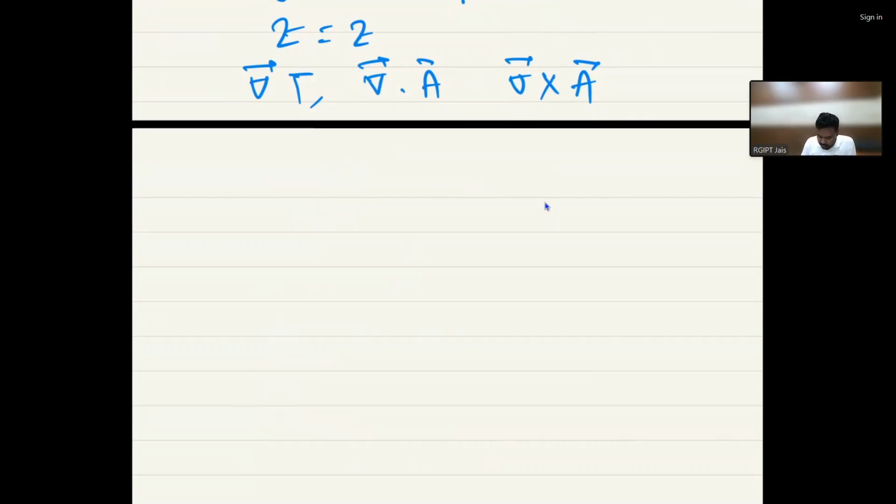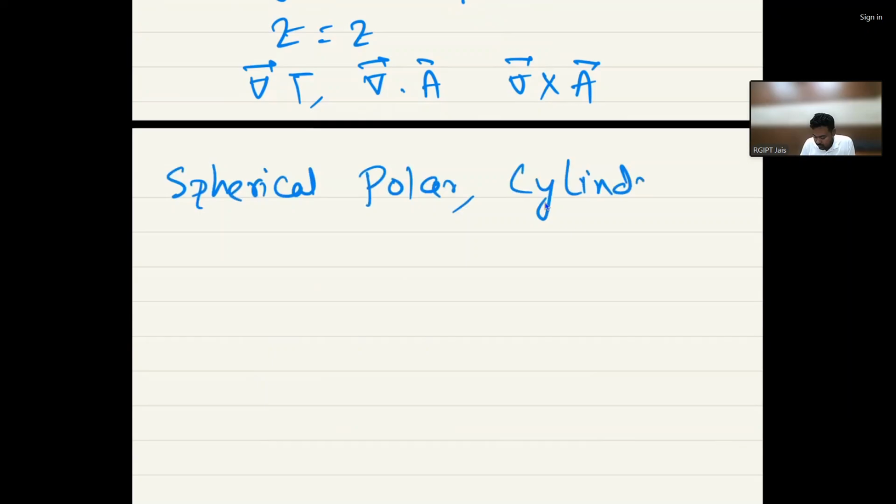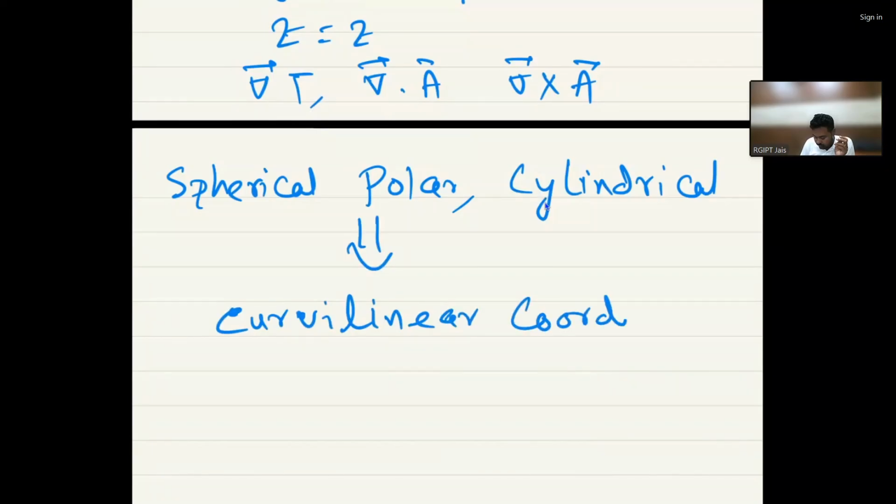But in the spherical polar or in the cylindrical coordinate system, these surfaces are not straight lines. These are examples of curvilinear coordinate systems.